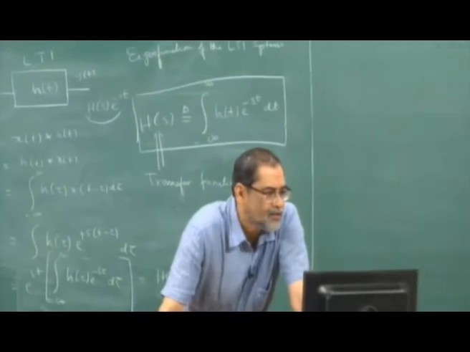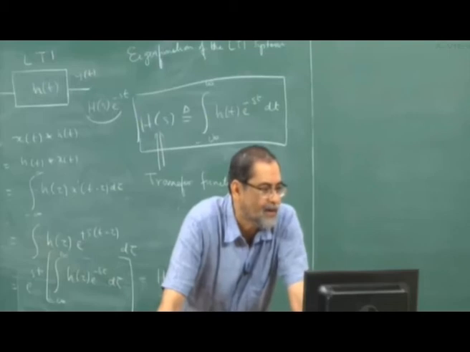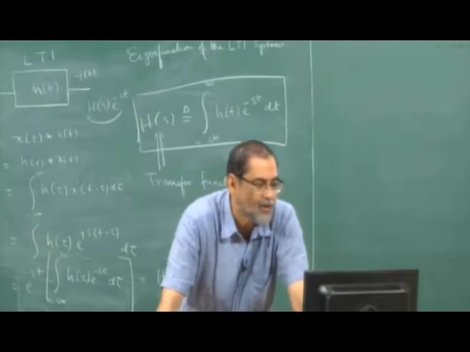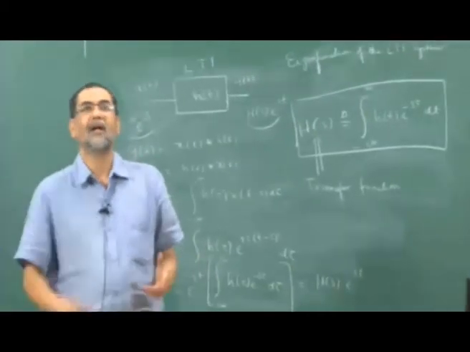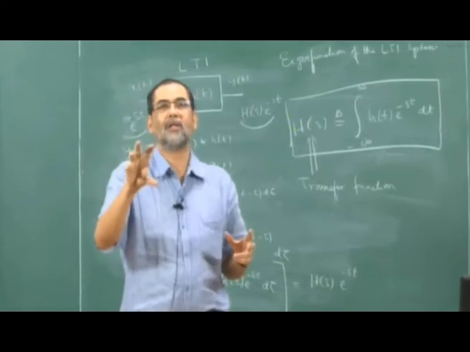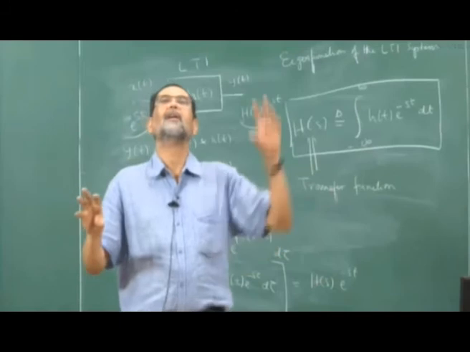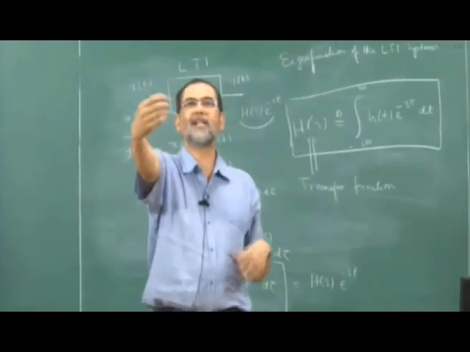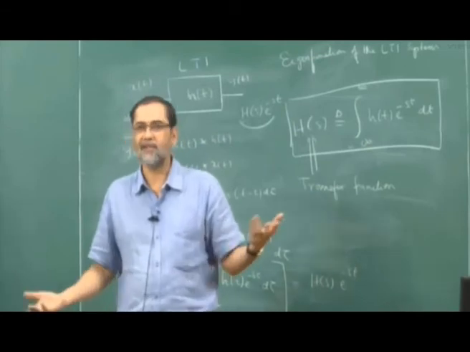PSG College has a long question. A JK flip-flop in its toggle mode acts as a frequency divider. As per your view, an LTI system should preserve frequency. Does it mean a JK flip-flop in toggle mode is not an LTI system? Wonderful. The charger you use to charge your mobile is not an LTI system, because when you plug in, the frequency there is 50 hertz, and at the output it is DC, that is 0 hertz.